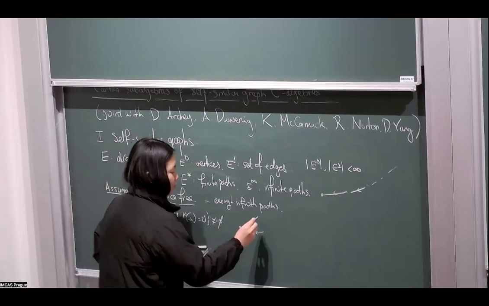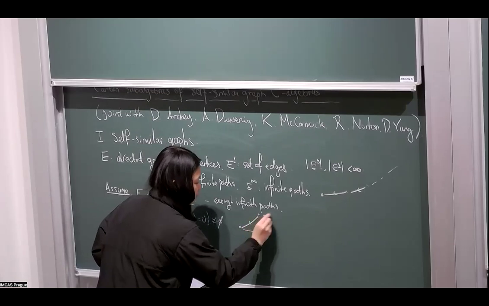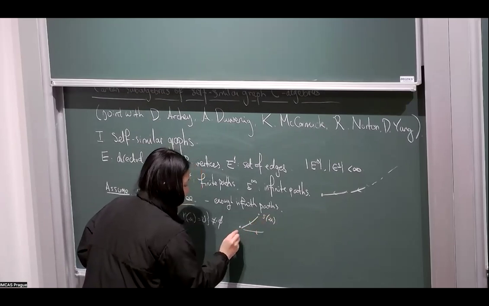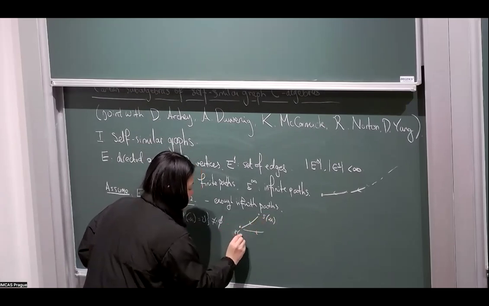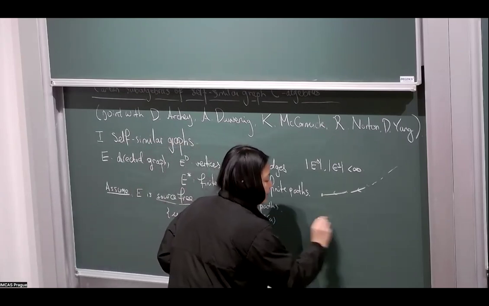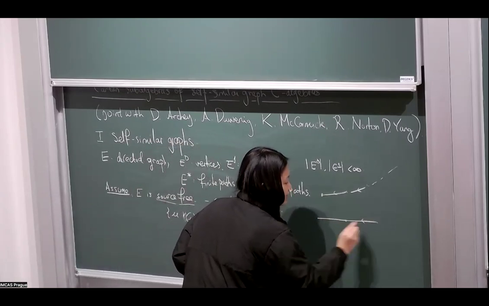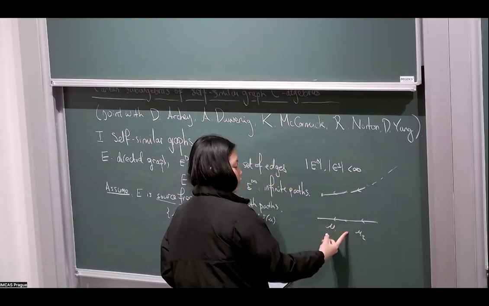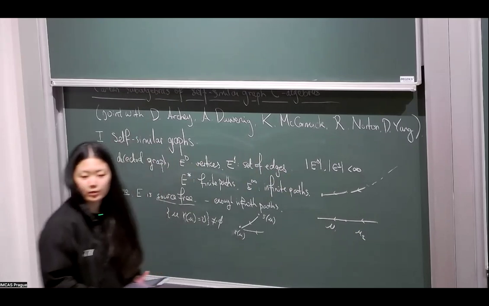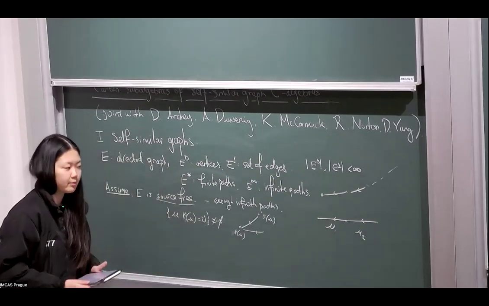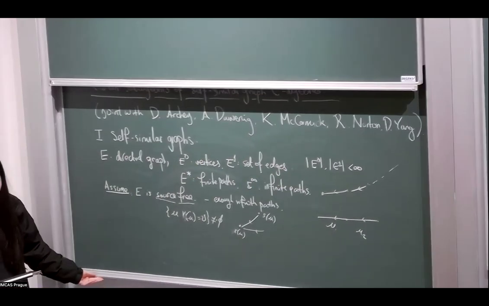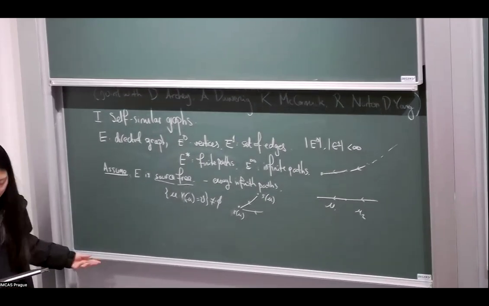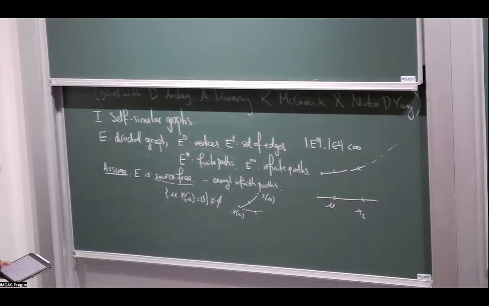If this is my finite path, then this will be called the source of the finite path, and this will be called the range of the finite path. And I can concatenate two paths, μ1 and μ2, if the source of μ1 is the same as the range of μ2. So that's the notation that I'm going to use for the graph.